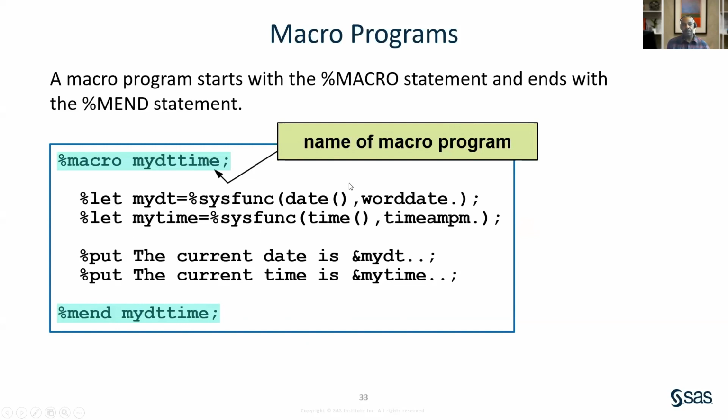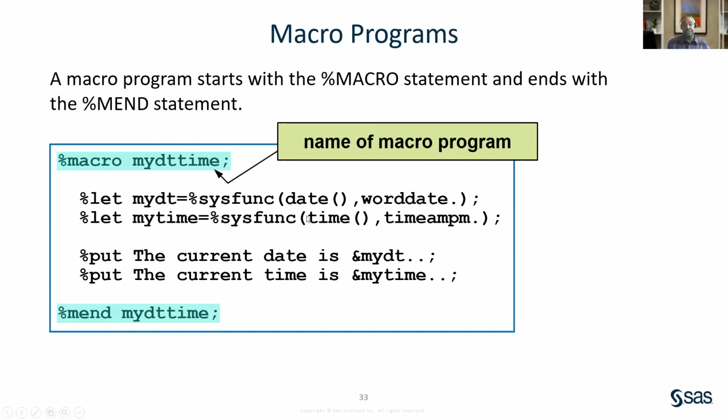For example, if I put a parenthesis where the comma is and then the semicolon, it will just display it as the number of days between Jan 1st, 1960 and today. You can optionally put a second argument with %sysfunc, which would be a format. So I'm using a format with a dot that writes it out like a word, and that explains the date.